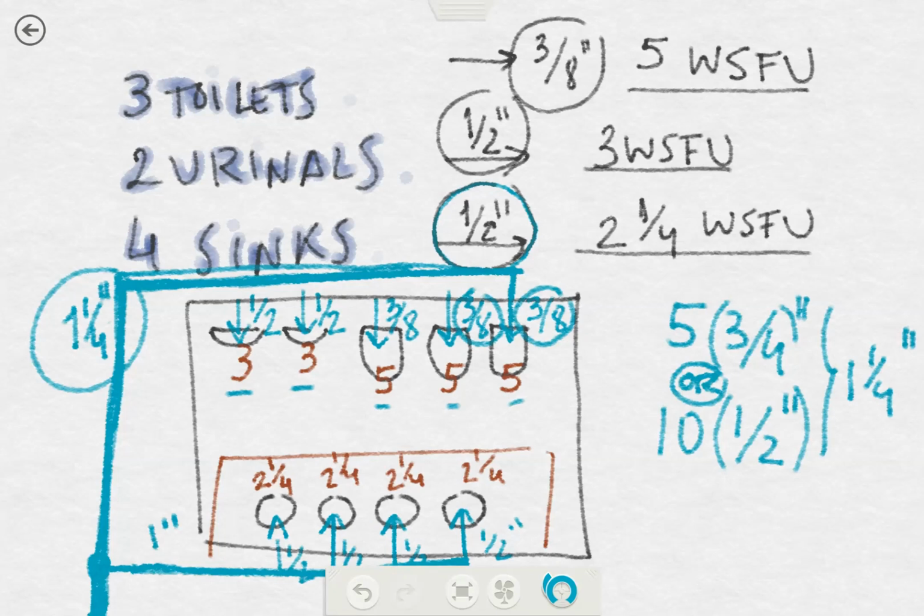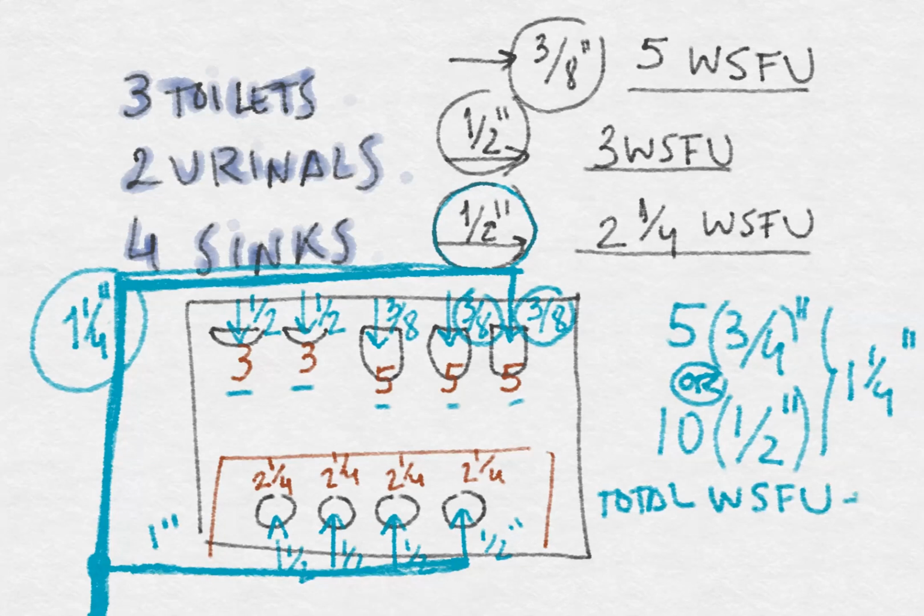So what is the total? 1, 2, 3, 15 plus 9, 24 plus 2 1/4.